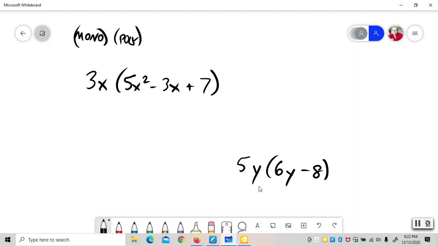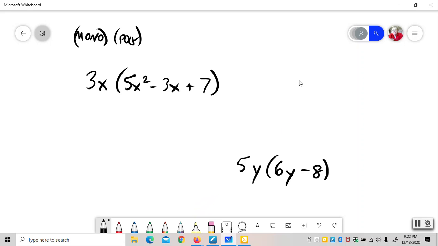So this is a monomial times a binomial. That's a monomial times a trinomial. And it seems to me that we've done this before. We might not have called it polynomials, but it seems to me we had multiplication of various terms.